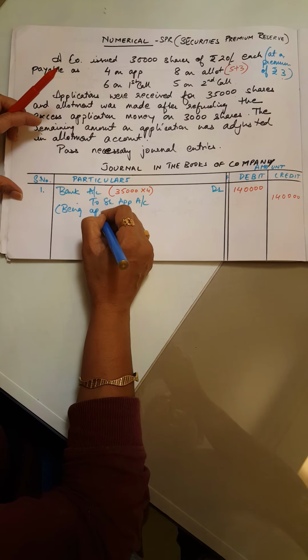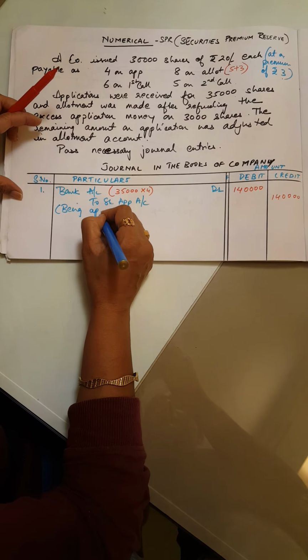So it will be 3,000 into 4 and the amount will go to bank account. So share application account debited to bank account, being excess application money refunded. And in your amount column, you will write 3,000 into 4, that is 12,000.